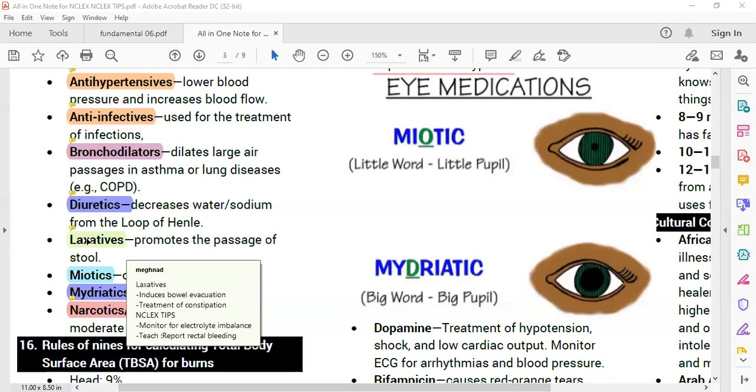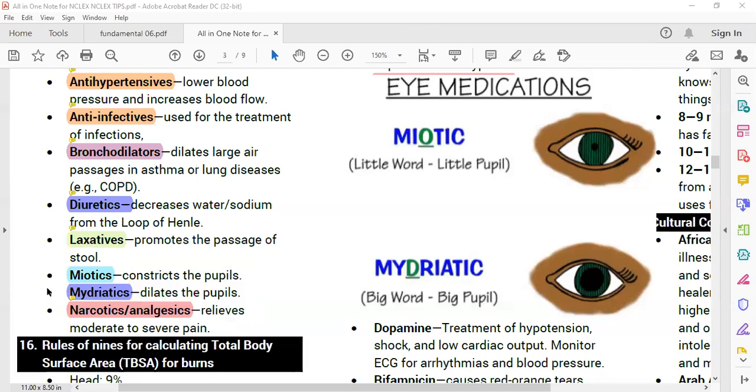Now, let me explain two more medications here. And this one is miotics and mydriatics. This is eye medication.